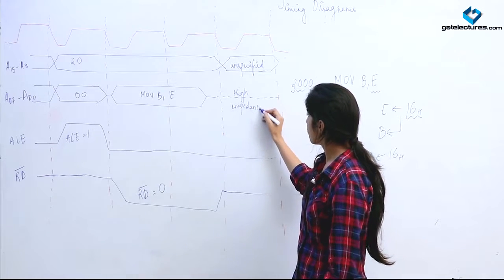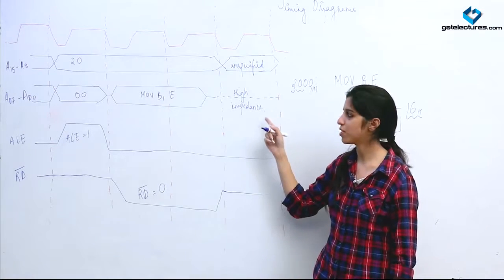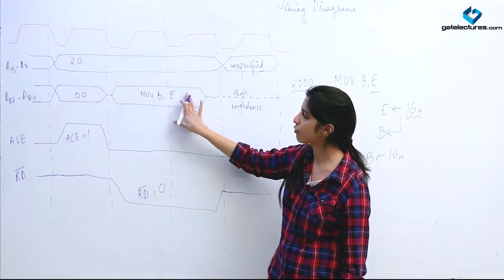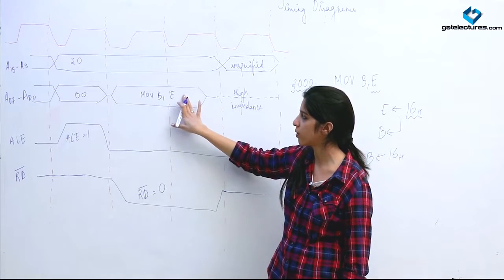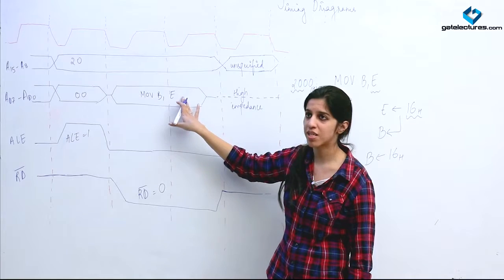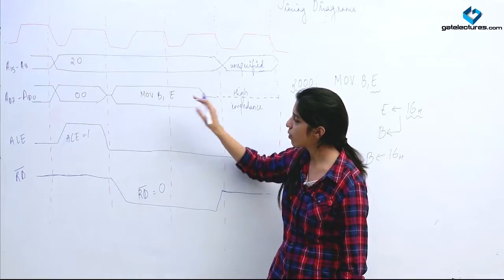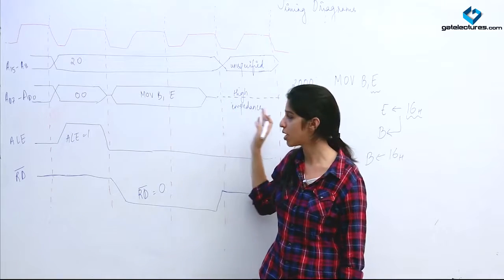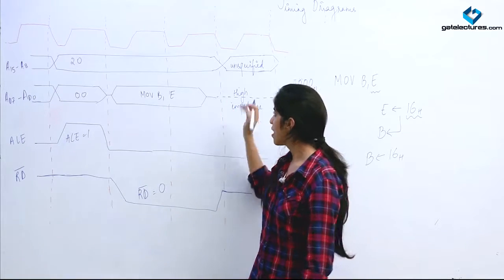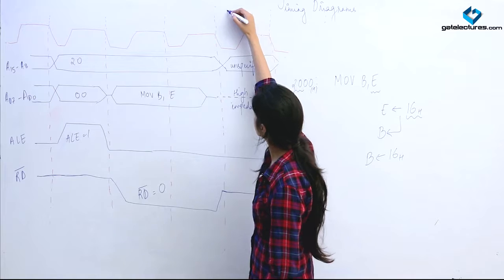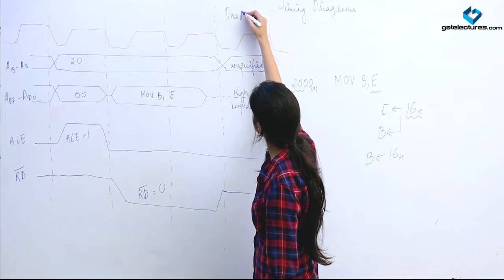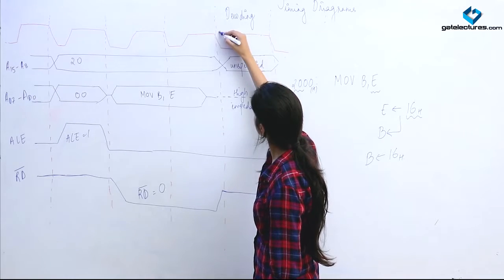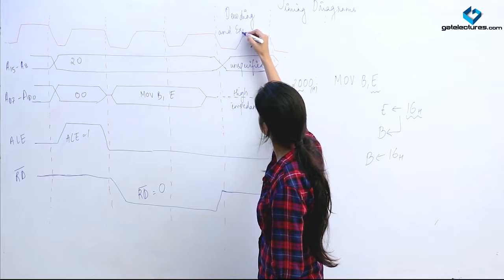We are making this bus high impedance because we do not want the data of this data bus to change. That is going to cause errors. I just want MOV B, E to remain in the data bus, so that whenever I need, I can access this. In this cycle, we are going to have decoding and execution.